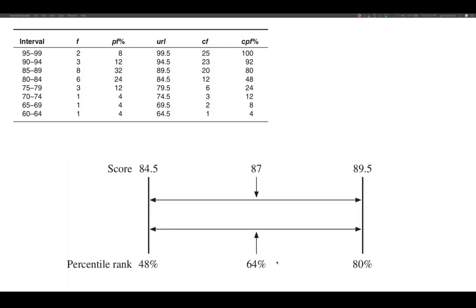And thus, if a student would be asking what is the percentile rank for a score of 87, so any student who scored 87, the percentile rank is 64.